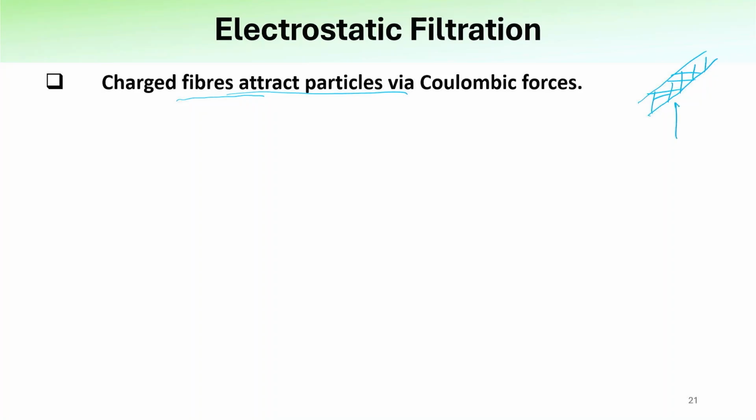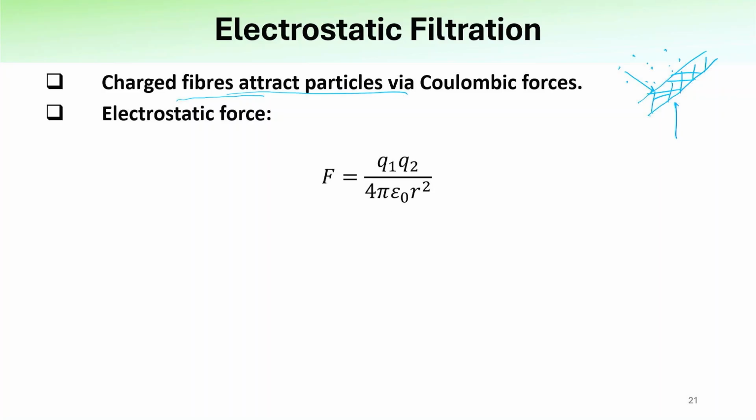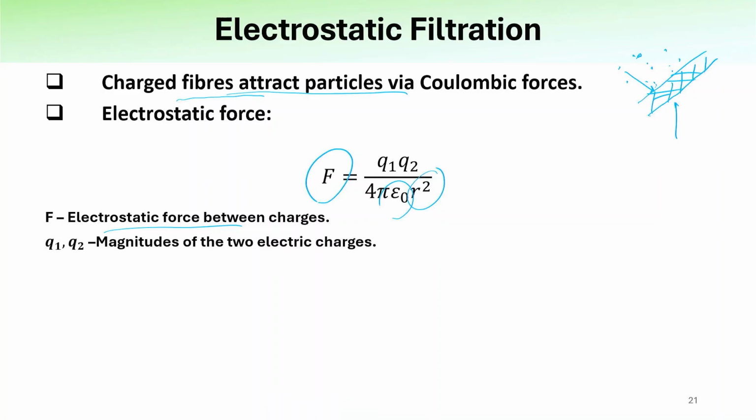It is charged, and a fine particle is coming, and it will be attracted on the surface by electrostatic force, which is expressed by F = Q1 Q2 divided by 4 pi epsilon 0 r square. So, F is the electrostatic force between the two charges. Q1 and Q2 are the magnitudes of the two electric charges.